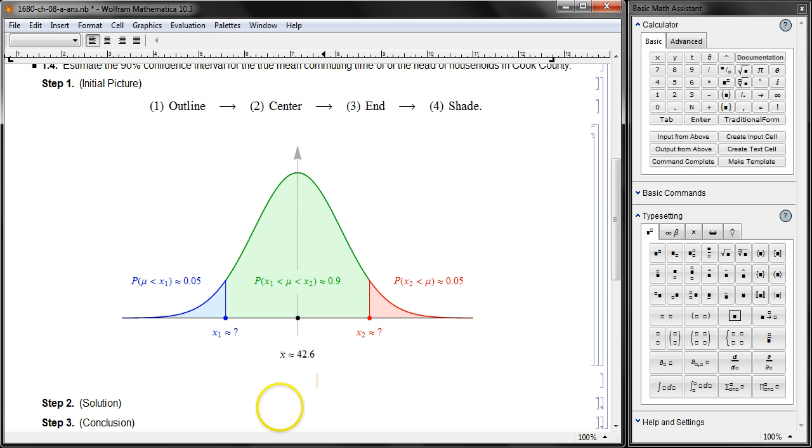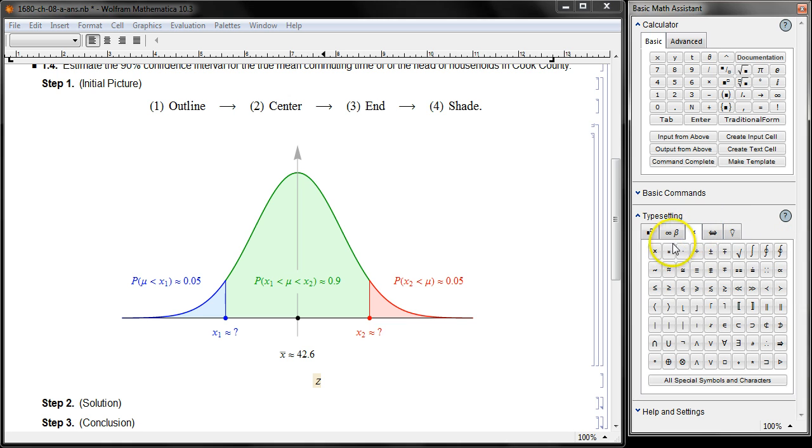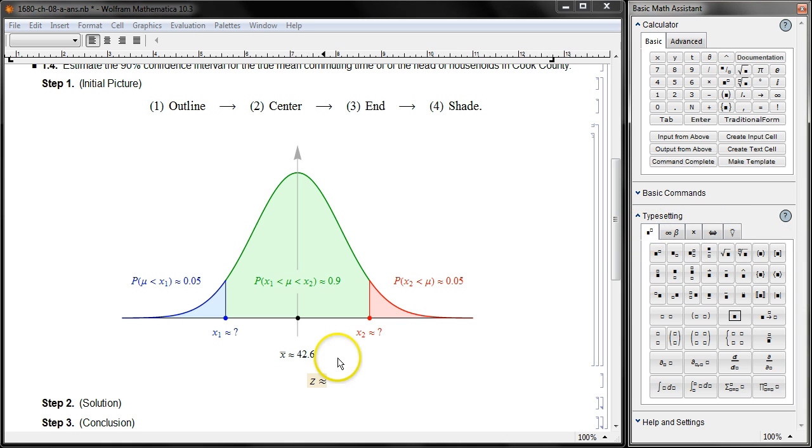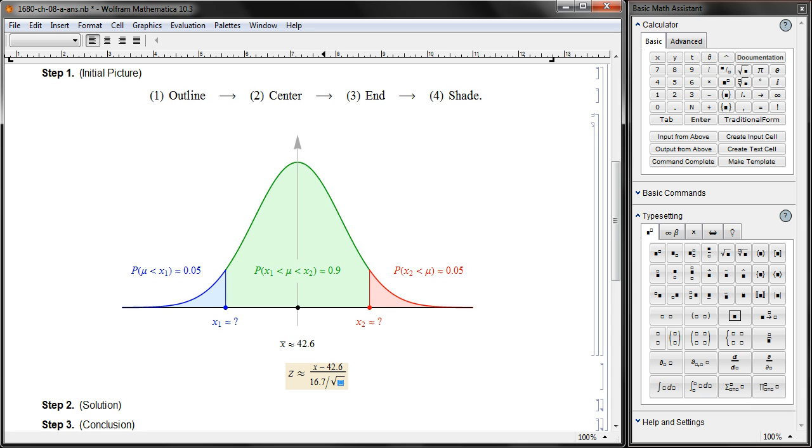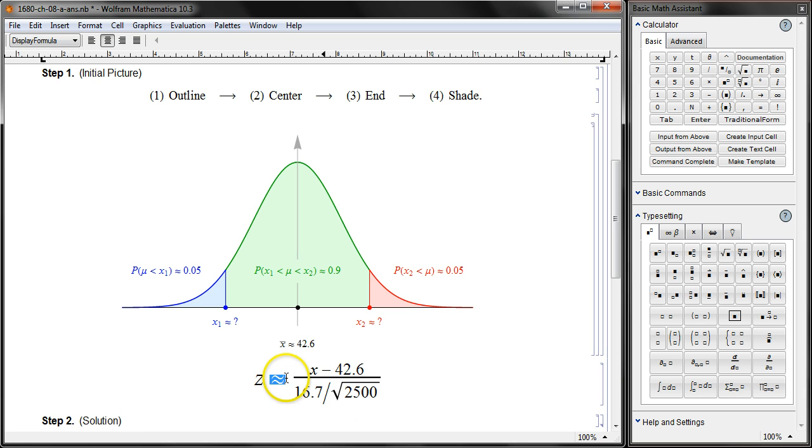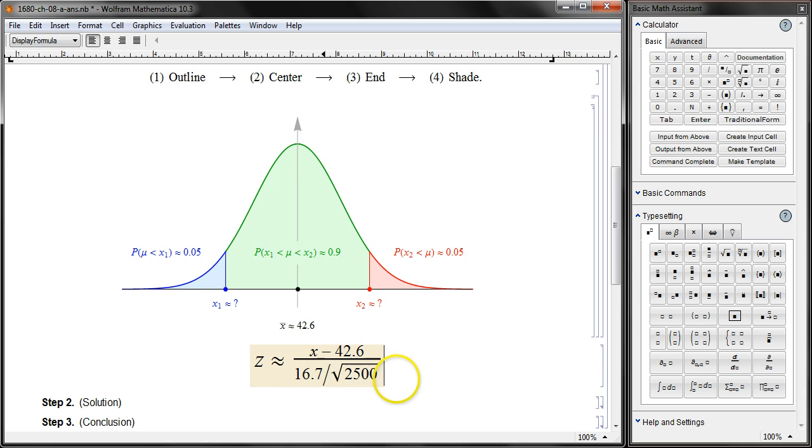The same thing, z is approximately speaking end minus center over standard error, so standard deviation over square root of sample size. Let me expand the font. And that is associated to the z-score for the 5% here.